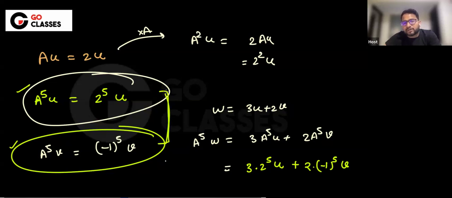Actually, these are very popular equations, which are not in our syllabus, but in general they are very popular. We can also infer that if I ask you the eigenvalue of A power k, then you know it will be just lambda power k, right?